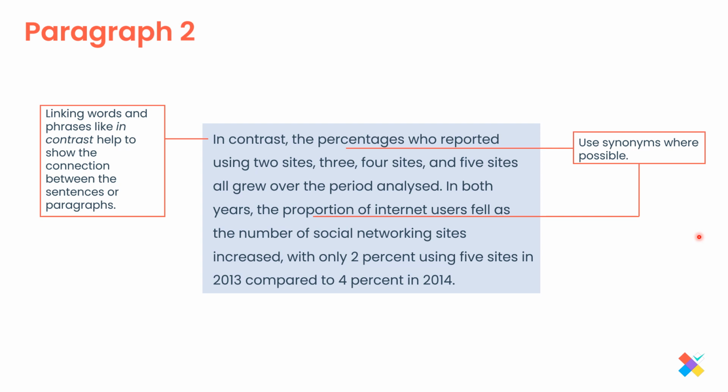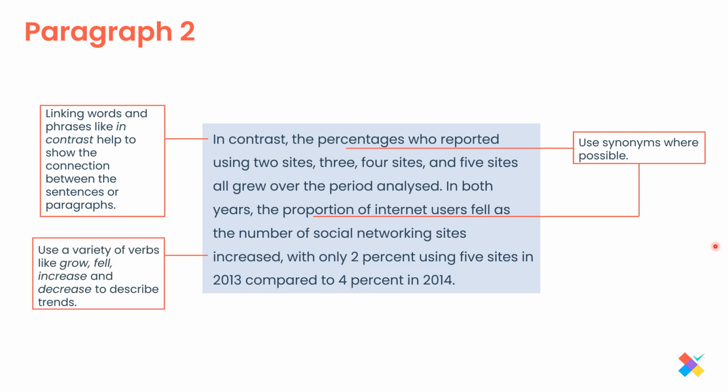I can see comparison with only 2% compared to 4%. And exactly what I said, try to use a variety of verbs like grow, fell, increase, decrease to describe trends. And this has two sentences. So we had one sentence in the introduction, another one in the overview, that was two, three in the first paragraph, that's five, plus two here, that's seven. Seven sentences.